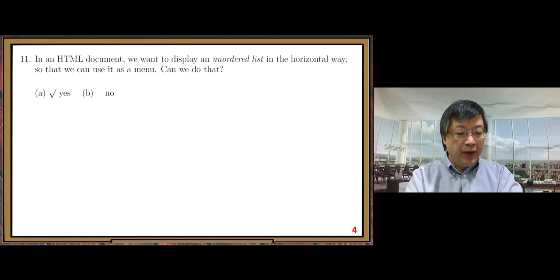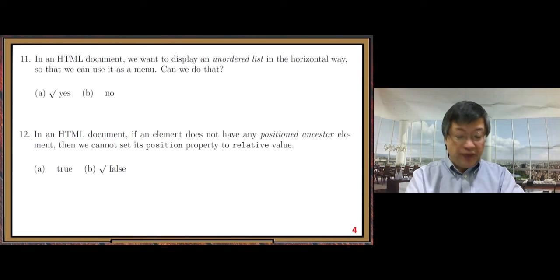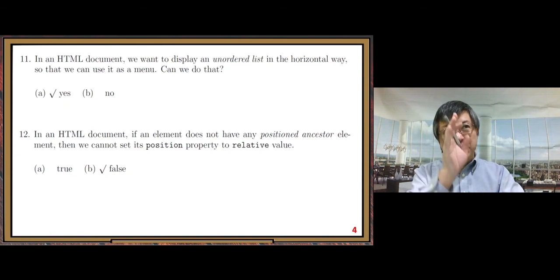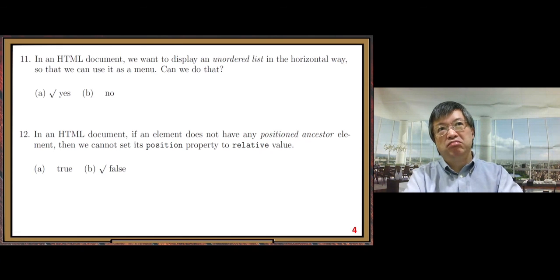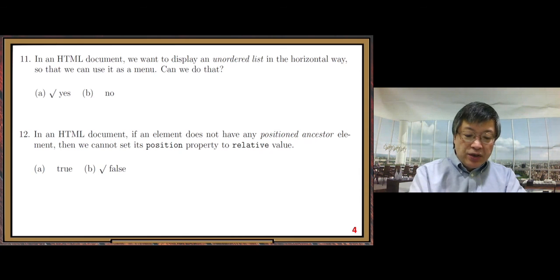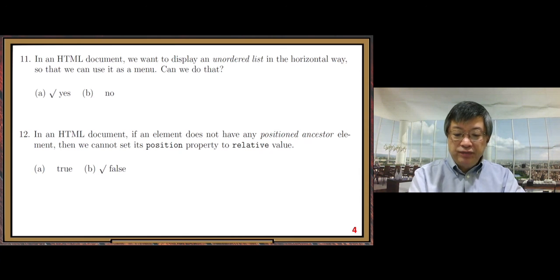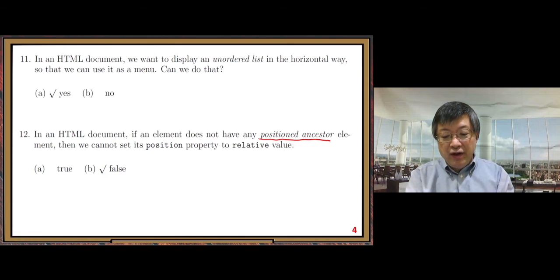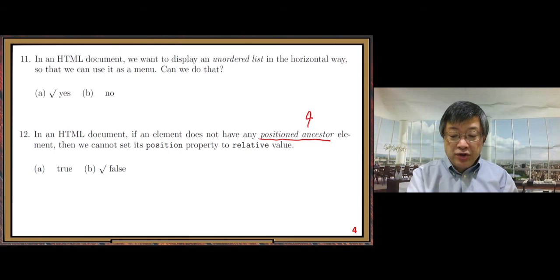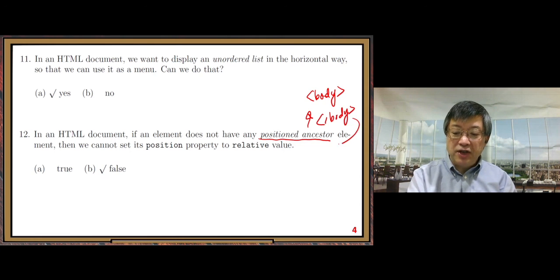Next one, number 12. This one is about the positioned ancestor. I also talked about this in one lecture. So here, why is it false if an element does not have any positioned ancestor? Remember in the lecture we said if the element does not have any, then it will use the body element as its ancestor.